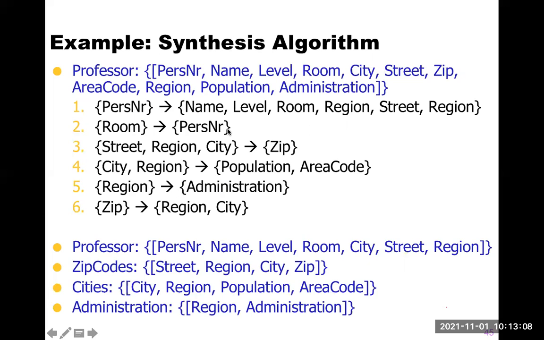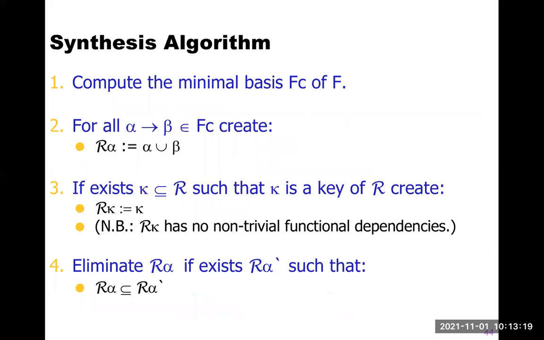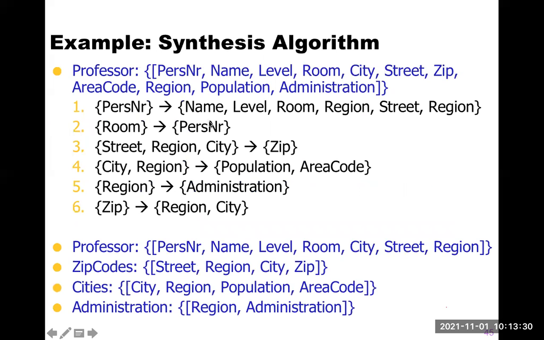That's a minimal basis. So I create a table for the first dependency, called professor. I create a table for room and person number. And then immediately I check this fourth step and I see that I need to eliminate a table if there exist bigger tables that contain all its columns. So I have a table for room and person number.